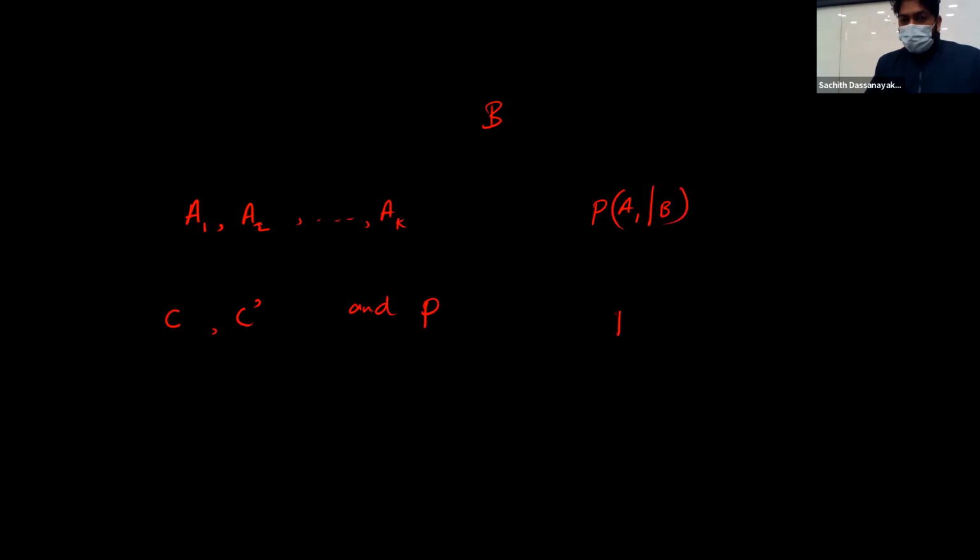So we need to find the probability of C given P, right? Here we mentioned it as Aj. Remember that? This C means one particular sub event from that event.